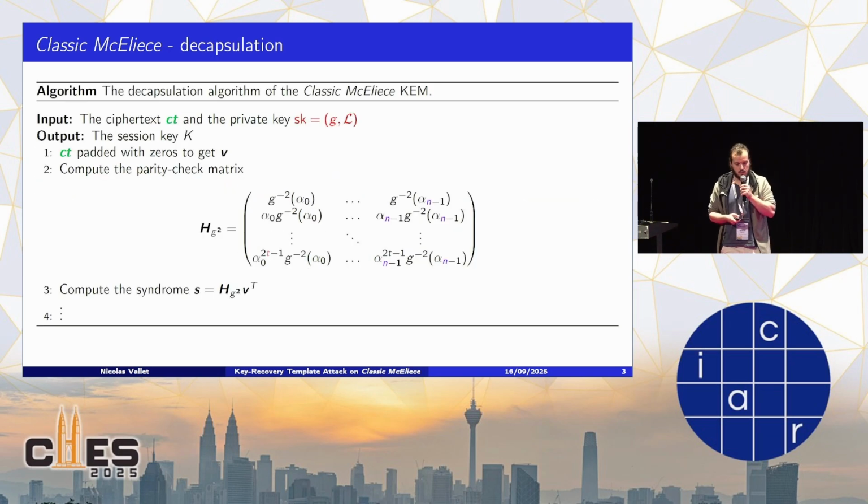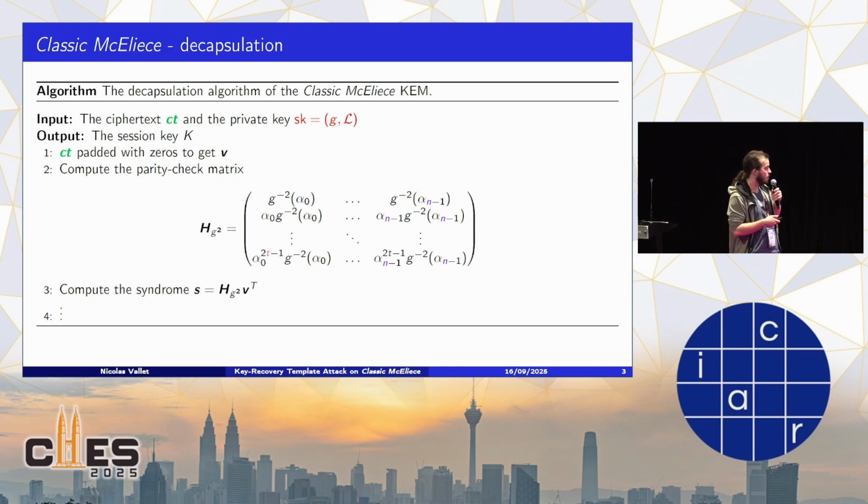Now for the decapsulation algorithm, it takes as input a ciphertext CT and a private key, and it will output a session key K. It starts by padding CT with zeros to get a new vector V. Then it will compute a parity check matrix HG2, computed using g and the alpha of L. What is important about that matrix is that each column corresponds to the successive powers of one particular alpha multiplied by g to the power minus 2 of alpha, and the order of the alpha in HG2 is the same as the order of the permuted support.